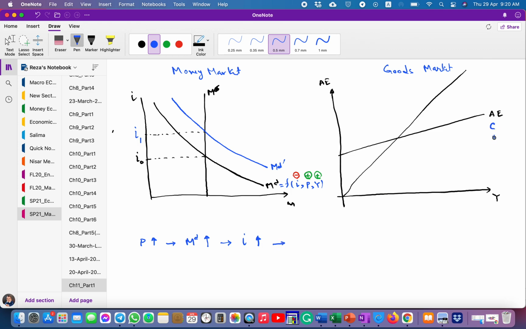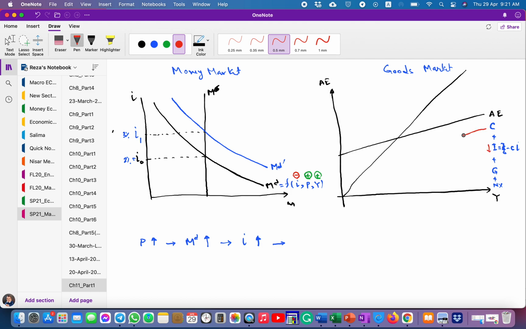Here, C plus I plus G plus X, net export. Which one is going to be affected? Investment had a negative relationship with the interest rate, I0 minus c times i. So if the interest rate goes up, the I is going to shift down. If it was 2%, now it's increasing to 3%. Investment is going to go down.